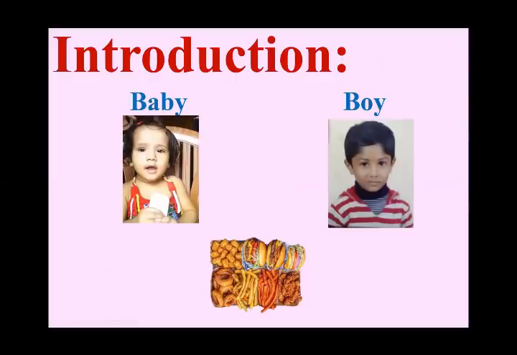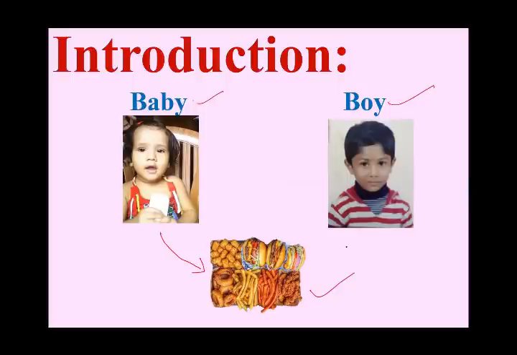Now you can see there are three images in this slide. A baby is shown here, a boy is shown here, and yummy tasty food is shown here. How are they correlated? In this regard, my first question is, will this baby be able to eat this food, digest it, and get energy from it?